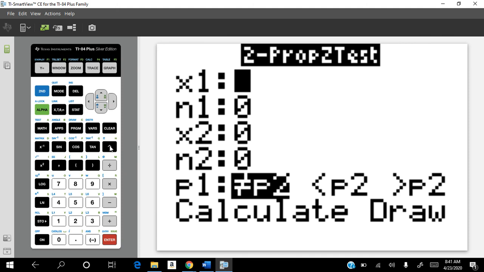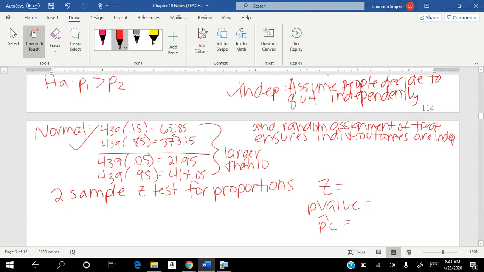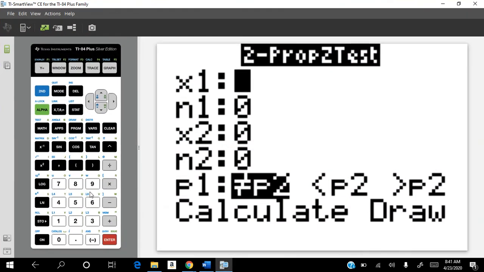Okay, so x1 is the number of successes. Well, in this problem, our number of successes was a decimal. Do you see our number of successes was right here, 65.85. Well, you're not able to put decimals in here, so you want to round according to your rounding rules. So your successes were 66. Your sample size for the first group was 439.